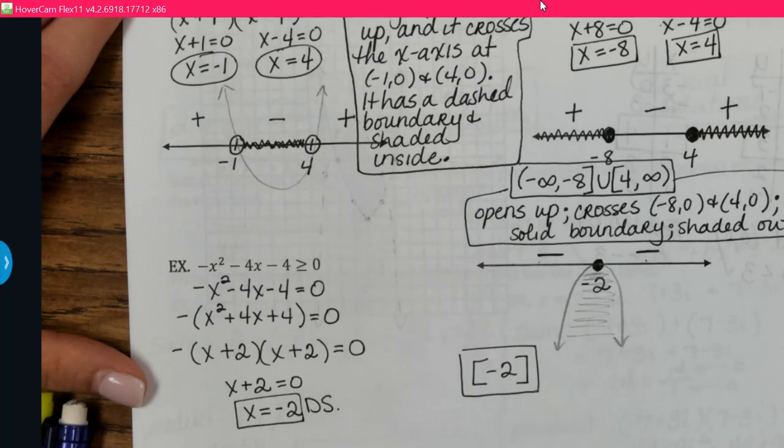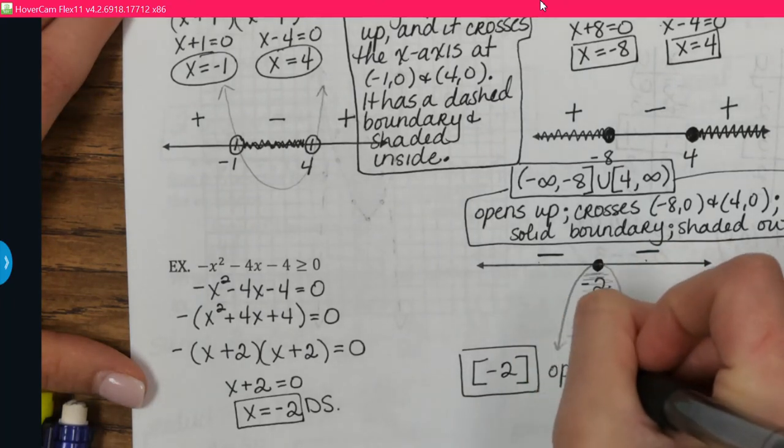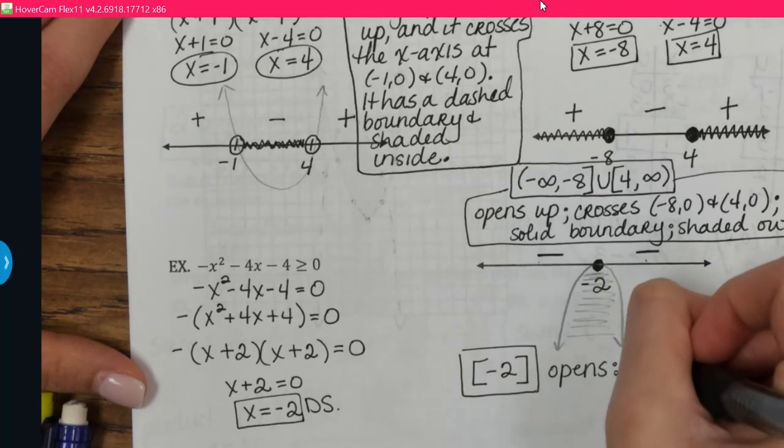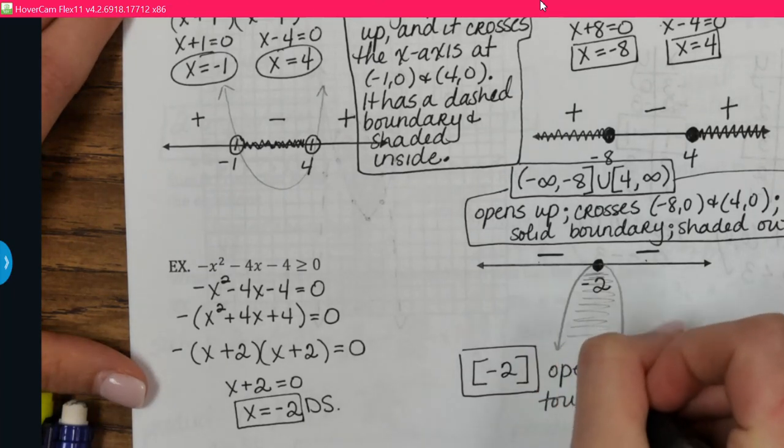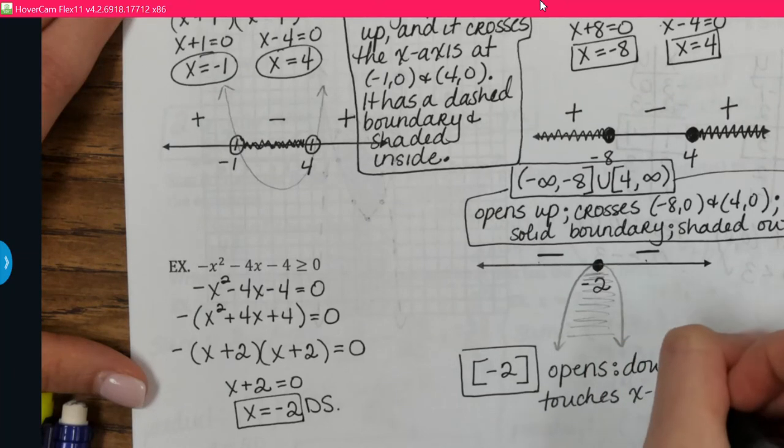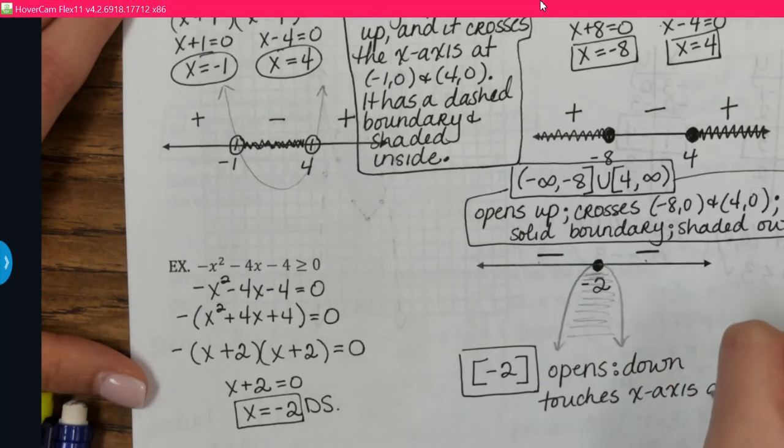It opens down. Now, I'm not going to say it crosses at negative 2. It touches the x-axis at negative 2, 0 and bounces off.